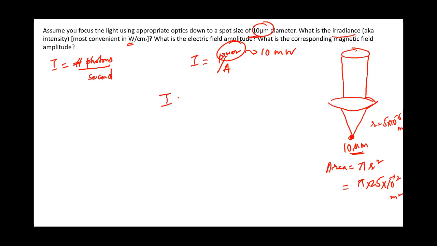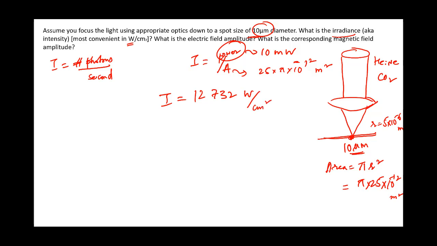The intensity for both lights, helium neon and CO2, when they are focused down to 10 microns, because they have the same power and the same area, should be the same watt per meter squared. Roughly, with 25 times pi times 10 to the power minus 12 meters squared, that comes out to be 12,732 watt per centimeter squared.